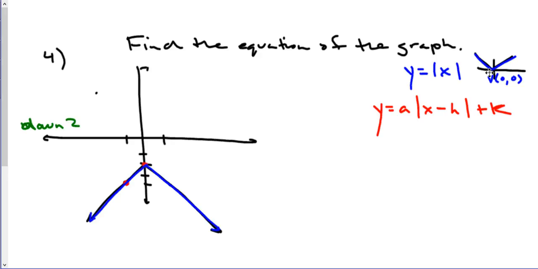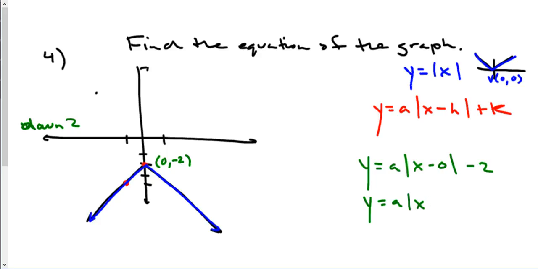And it hasn't moved left or right at all, so that means in my new equation, our vertex is going to be at 0, negative 2, so we're going to have x minus 0, and we're going to have minus 2. We have y equals a times the absolute value of x, minus 2.